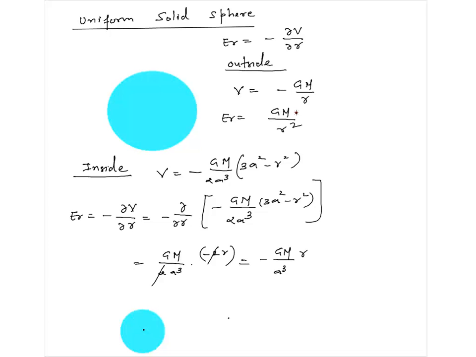So if one goes higher and higher from the surface of the Earth, then the distance from the center of the Earth, which is small r, increases and increases. And therefore ER decreases and decreases, and hence g decreases and decreases.